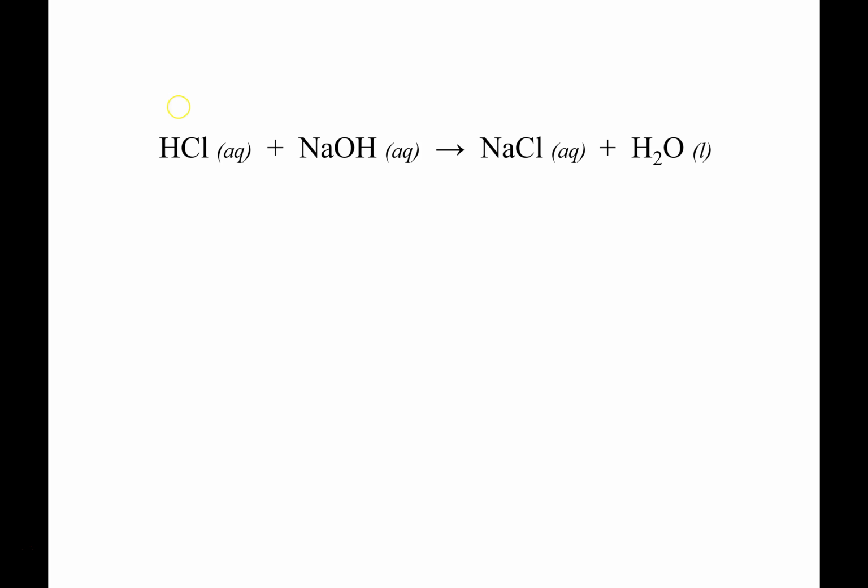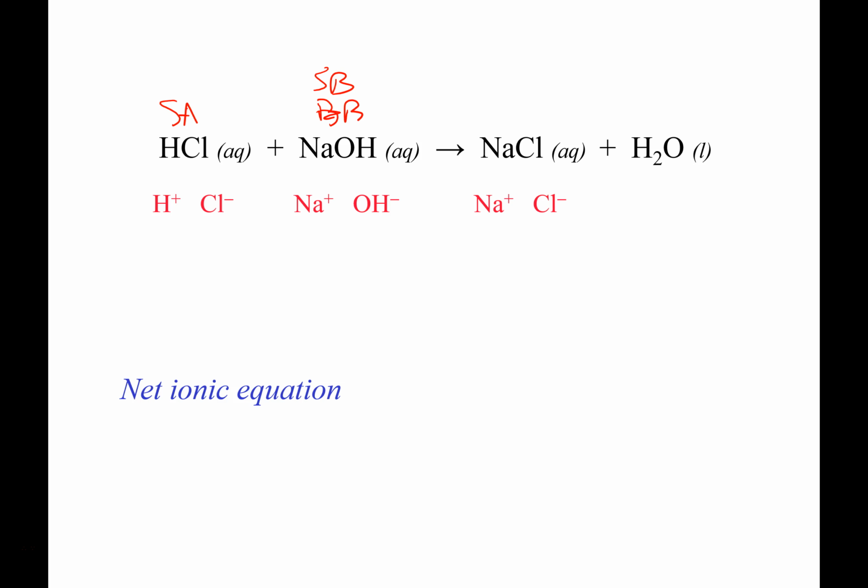HCl, SA, NaOH, SB. It wants to go downhill. So that would be favored as written. I think that might have been what you guys did in Chem 1. We could go ahead and find conjugate acid-base pairs different by a proton.